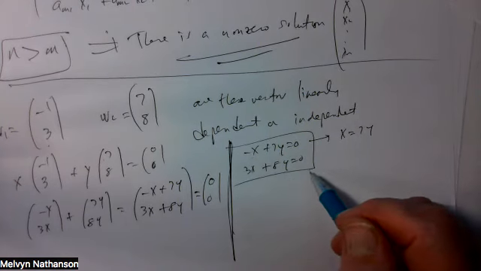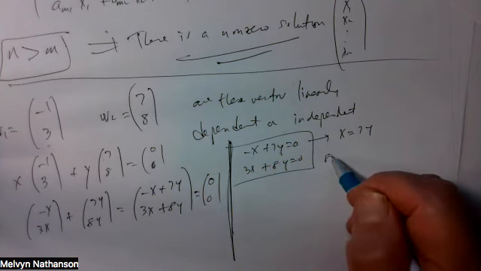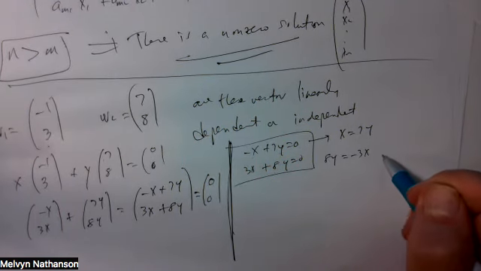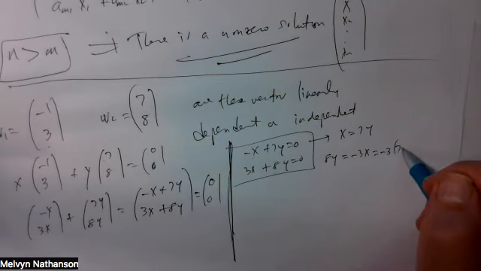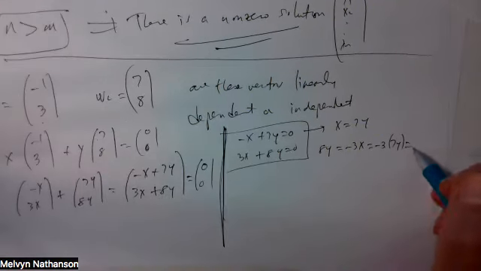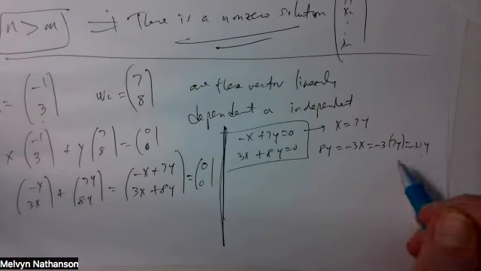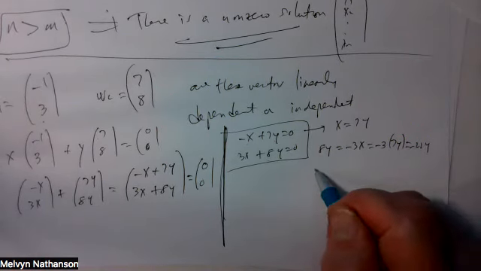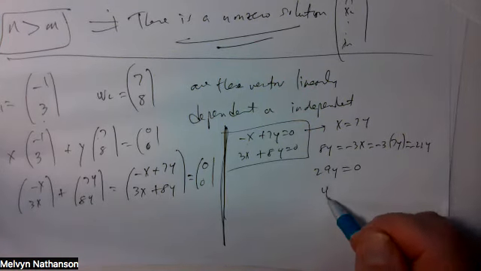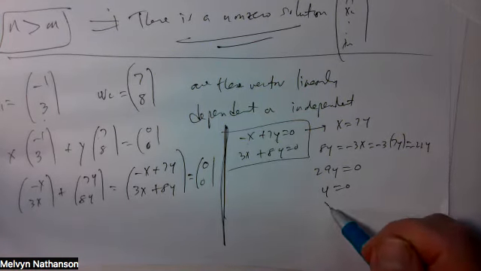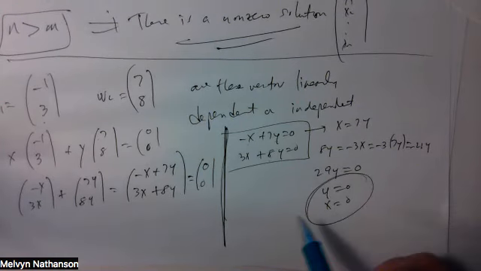If 3x plus 8y is 0, then 8y is minus 3x, but x is 7y, so minus 3 times 7y, or minus 21y, which means if I bring this over to the other side, 29y has to be 0, which means y has to be 0, which means x has to be 0.